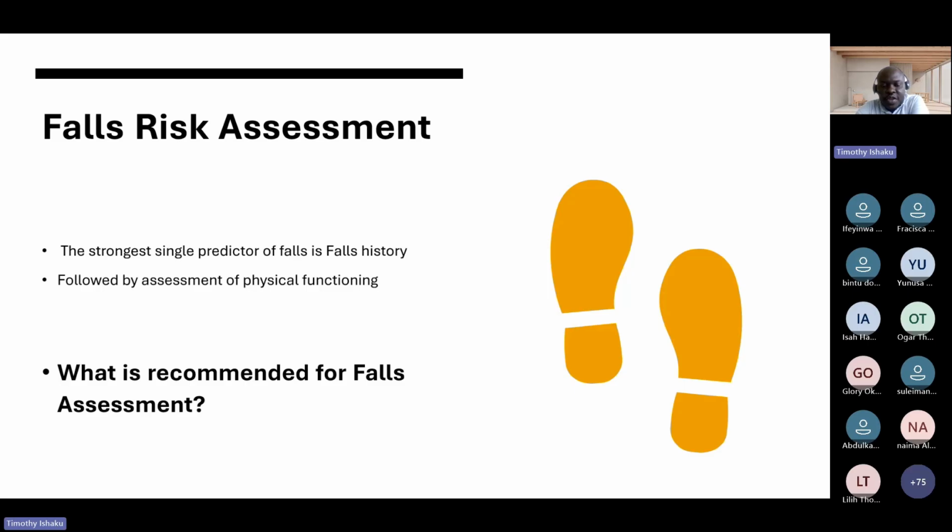Is there any evaluation of it? Can anybody summarize it in a single word? So maybe I'll reframe it. What is the recommendation for assessment? Can anybody summarize it in two or three words? Age, okay.